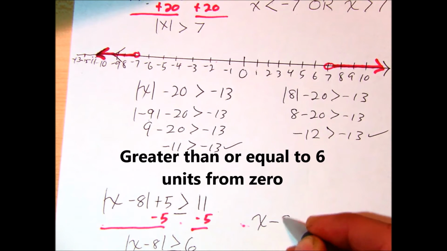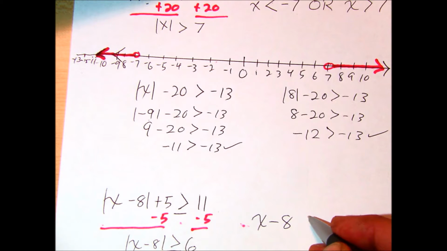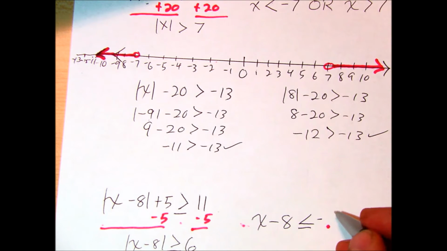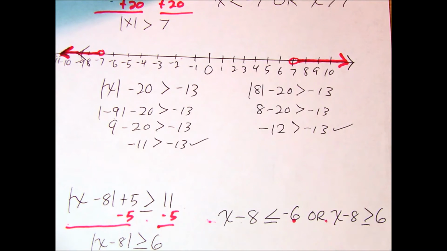So I rewrite it as a compound inequality, x minus 8 is going to be less than or equal to negative 6, or, so I flipped the sign because I changed this to negative, or x minus 8 is greater than or equal to 6.